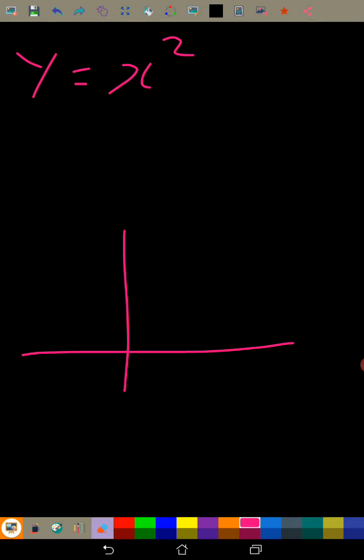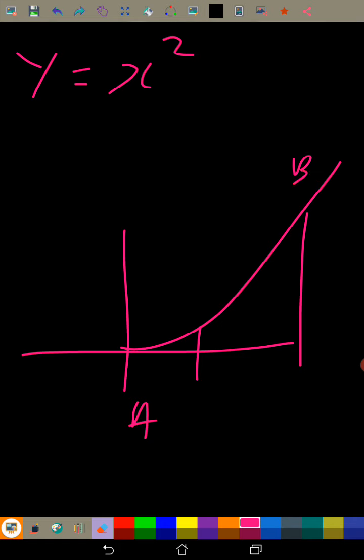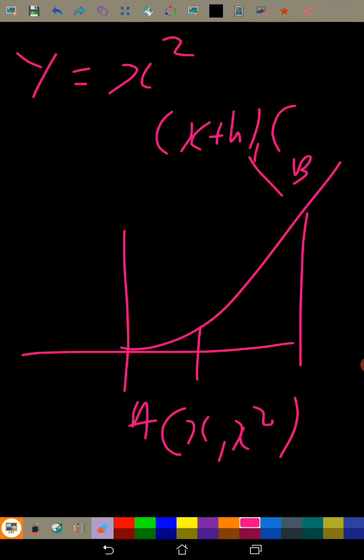What I have seen so far is that, let's say we have y is equal to x to the power of 2, and we have coordinates like, if we have a graph, a curve, and we have two coordinates, A and B. A is going to be x, and here is going to be x plus h, and we have x plus h to the square.